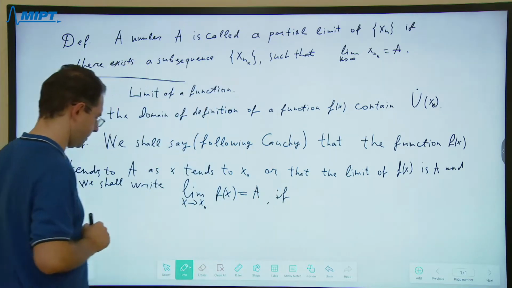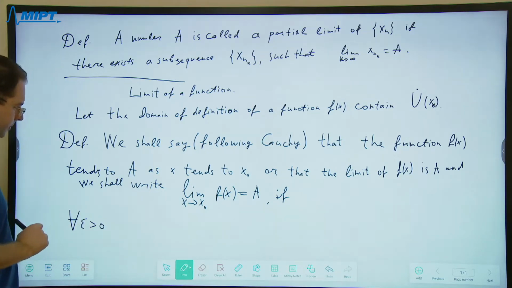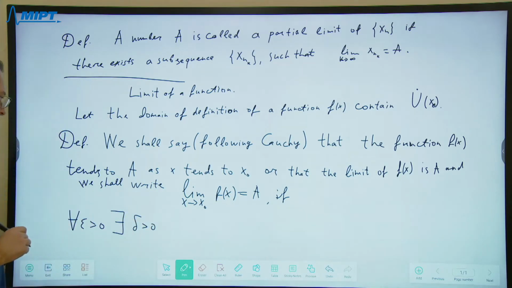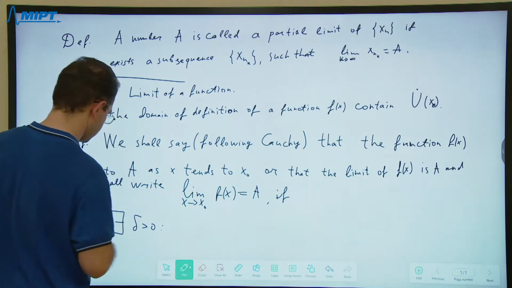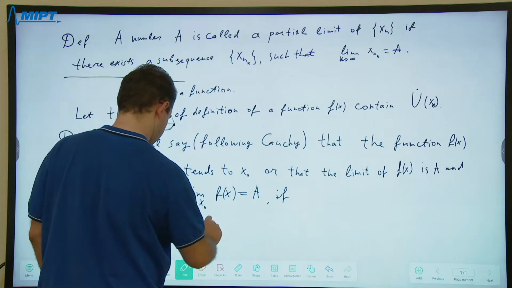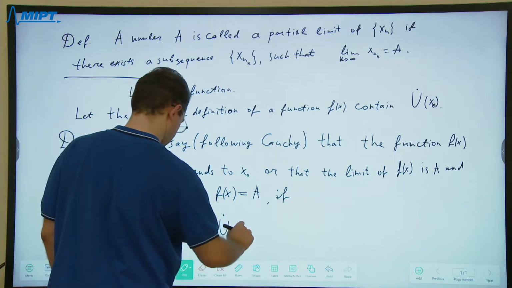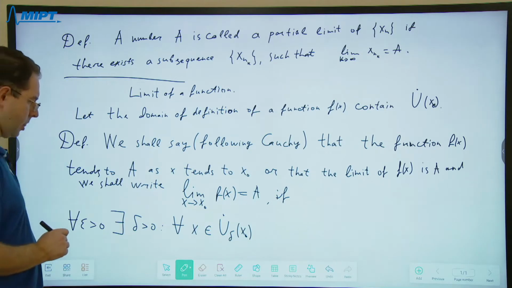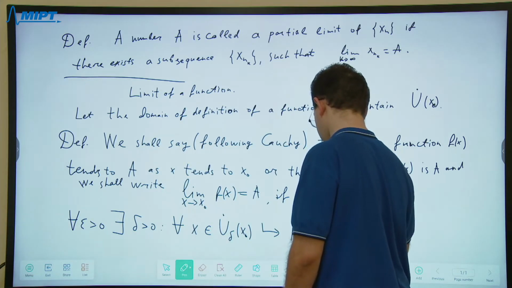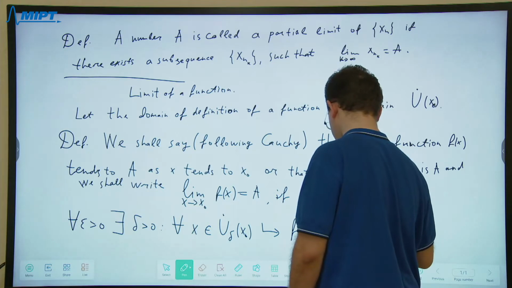if for any epsilon greater than 0 there exists delta greater than 0 such that for any x from the deleted delta neighborhood of x0 it follows that f of x is from the epsilon neighborhood of a.